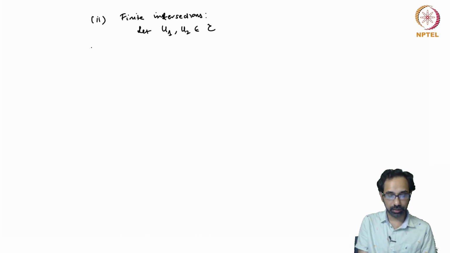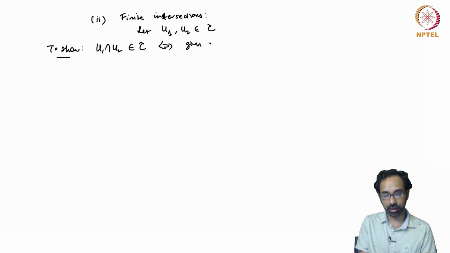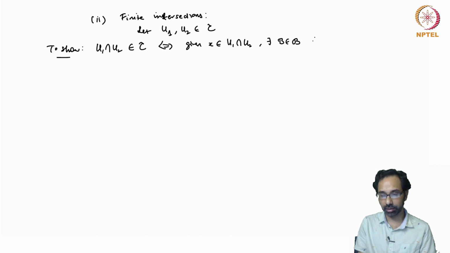Then we want to show that U1 intersection U2 belongs to tau. So this is to show. This is the same as saying that given x inside U1 intersection U2, there exists a basis element B such that x belongs to B and it is a subset of this intersection. This is what we want to show.